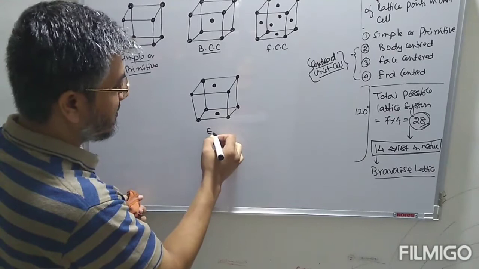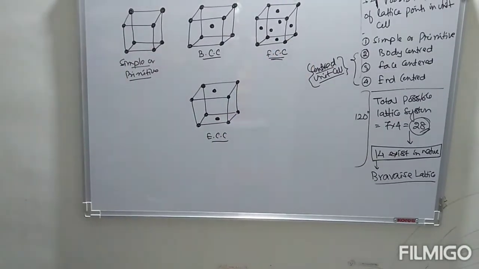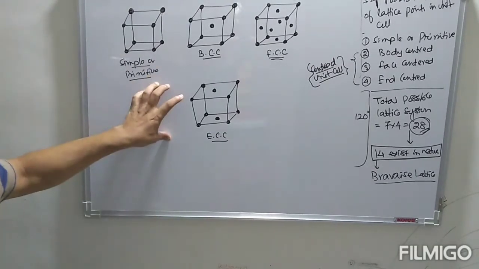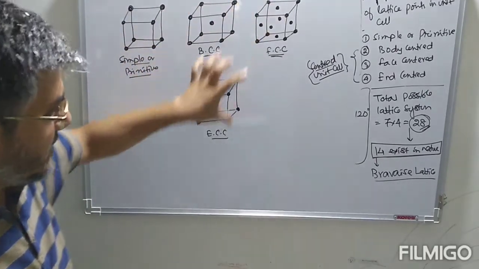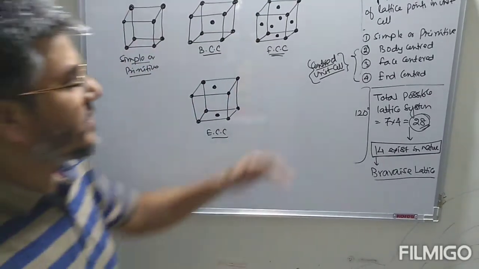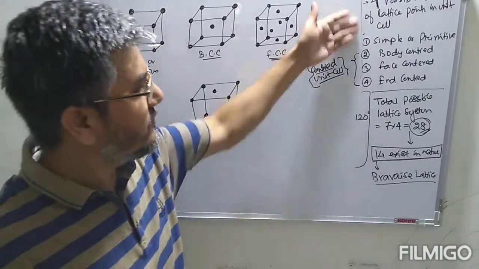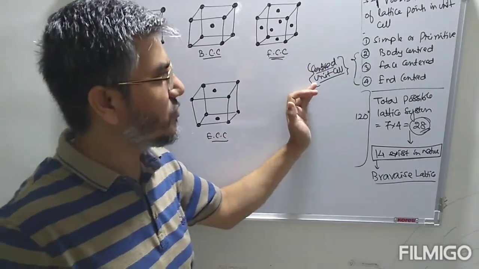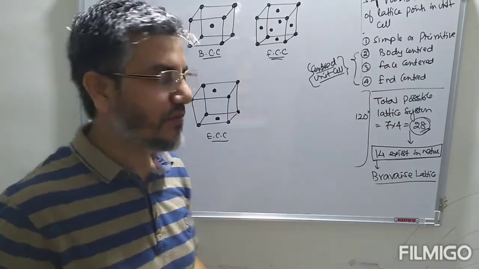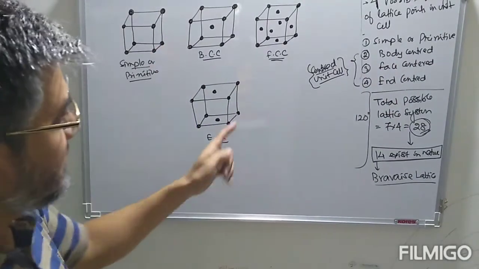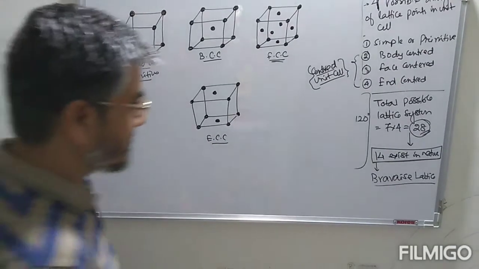This is end centered cubic. So these are the four possible arrangements of points in a unit cell: simple, body center, face center, and end center. Only the first three are mentioned in our syllabus, so we are going to discuss these three and ignore end center for the time being.